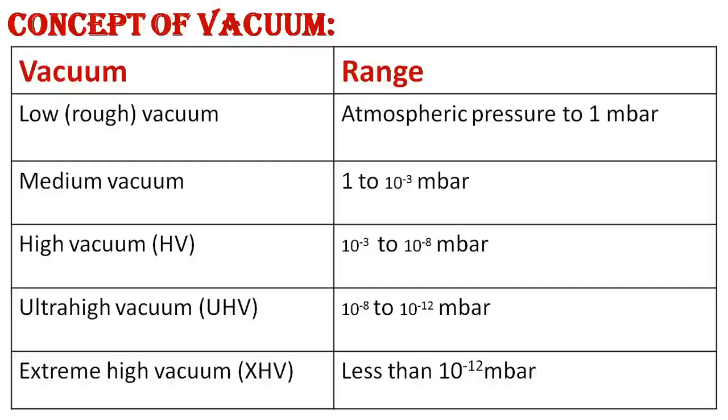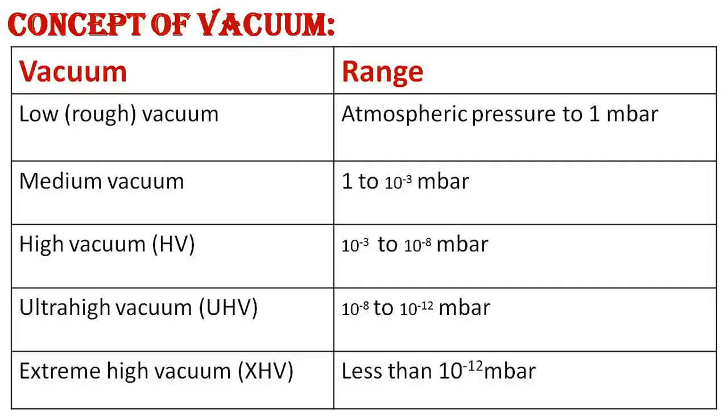The second one is medium vacuum, which is 1 to 10 raised to minus 3 millibar. The next type is high vacuum, which is 10 raised to minus 3 to 10 raised to minus 8 millibar. The next range is ultra high vacuum, UHV, which is 10 raised to minus 8 to 10 raised to minus 12.